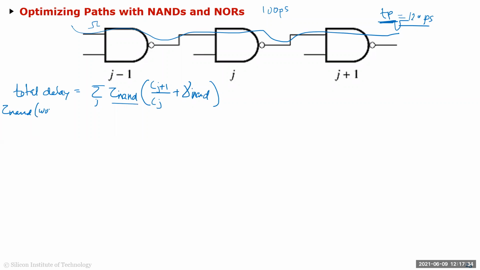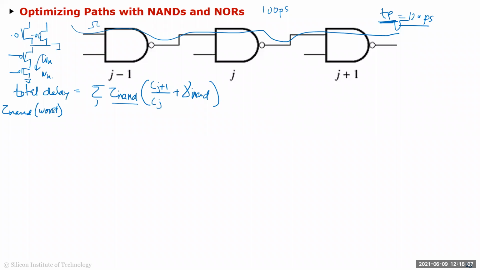It's the worst delay, because if you remember when we were doing gates, the NAND gate has two transistors in parallel and two in series. So for example, this is always going to be WN over 2, the equivalent resistance times the C load.